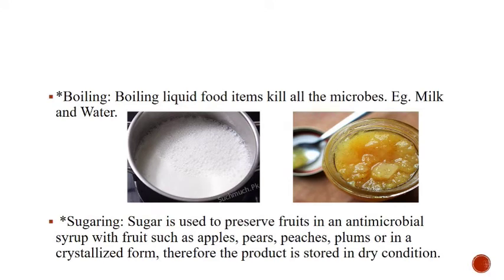Boiling liquid food items kills all the microbes. Example, milk and water. Sugaring. Sugar is used to preserve fruits in an antimicrobial syrup, with fruits such as apples, pears, peaches, plums, or in a crystallized form. Therefore, the product is stored in dry condition.